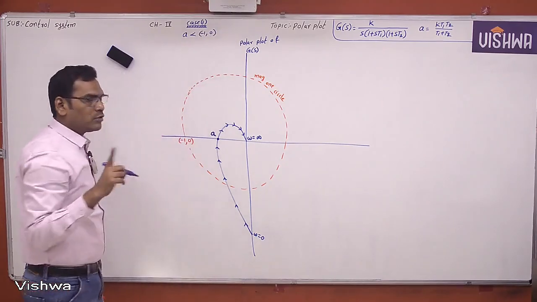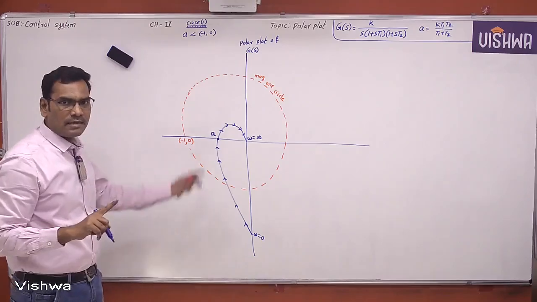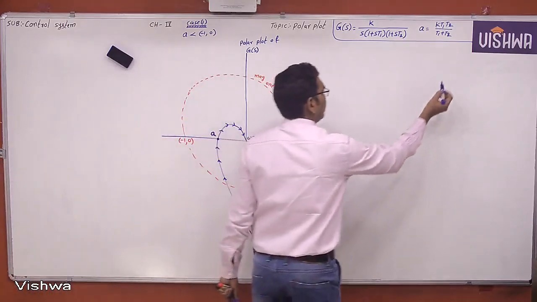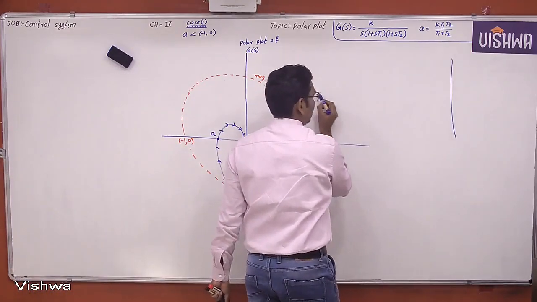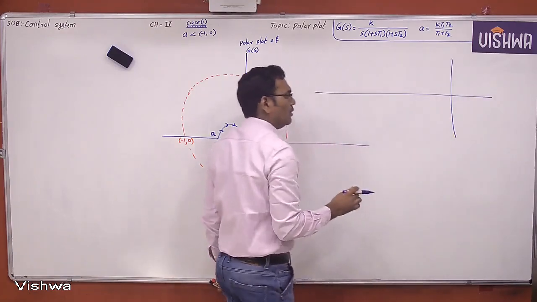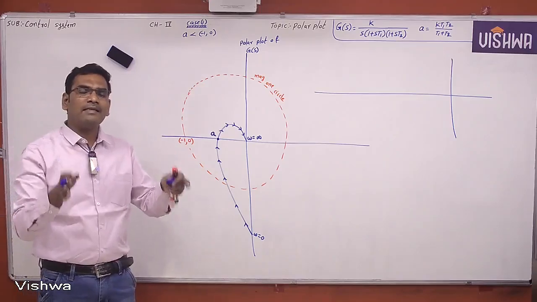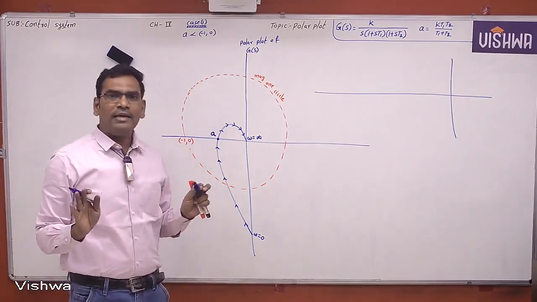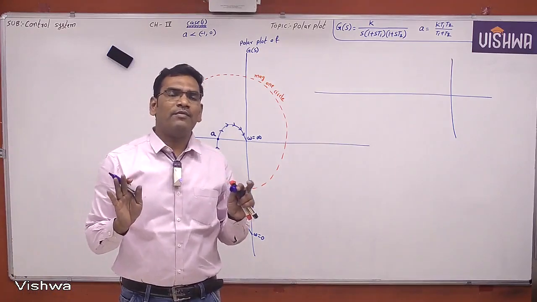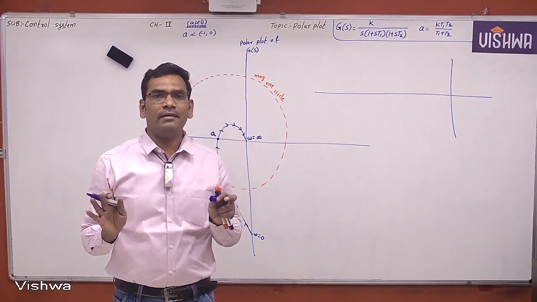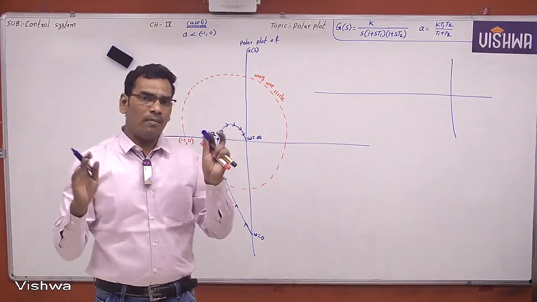One more thing I want to say before you start the polar plot: don't confuse this statement, remember it so that you can easily solve. Forget about these negative values, because the polar plot is nothing but a magnitude and phase angle plot. Magnitude, modulus, are all positive values.